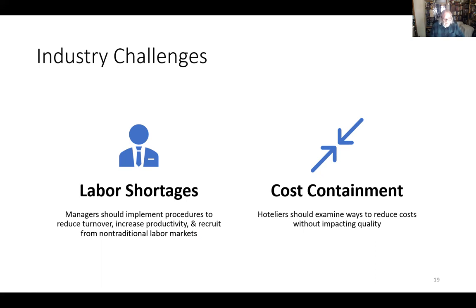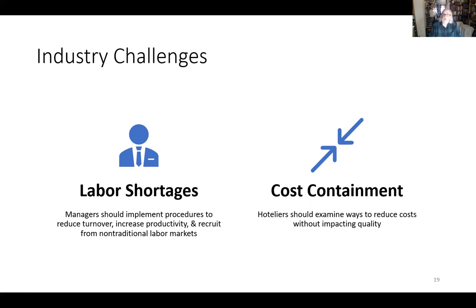There are some legal aspects to this, but really we talk about cost containment. It's just how do we stay efficient, keep costs down, but in ways that do not impact quality, because remember that the guest is always evaluating and comparing us to previous experiences and other brands.